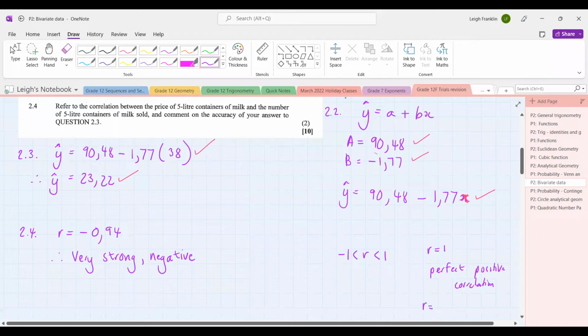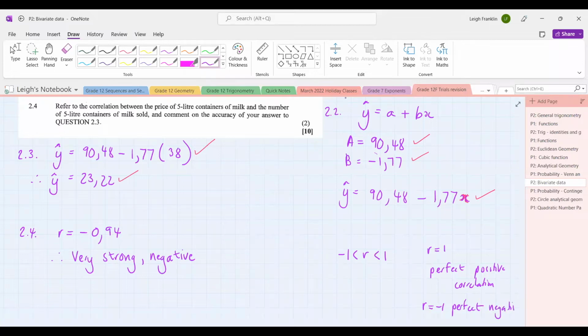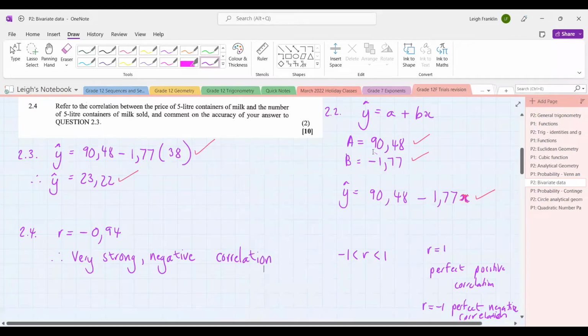If R was equal to -1, then we would call that a perfect negative correlation. So that's why negative 0.94 is very, very close to -1. That's why we would say it's a very strong negative correlation. Now, that's the easy part. That will get us 1 mark.